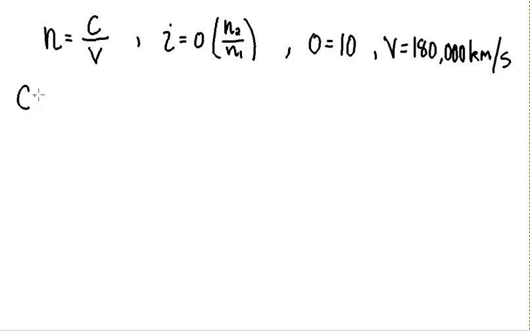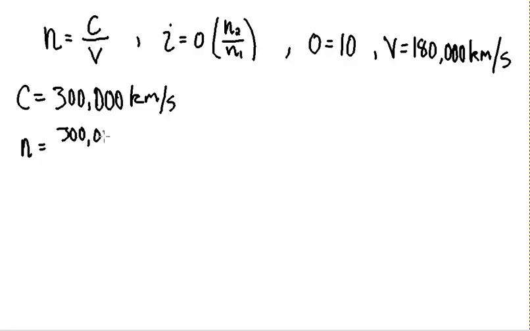You will also be given this. The speed of light is approximately 300,000 kilometers per second. So the index of refraction for their glasses is going to be the quotient of 300,000 kilometers per second divided by 180,000 kilometers per second.